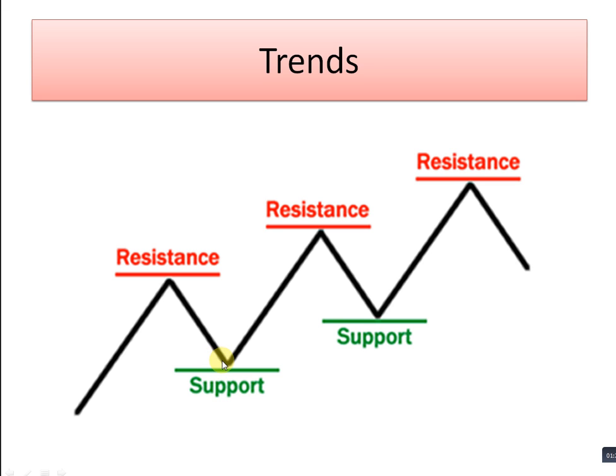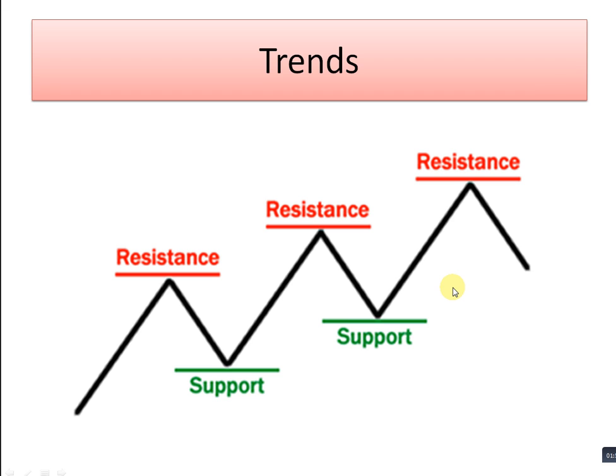So this point is called resistance. These upper points are called resistance. Also, as the trend goes down, it comes to this point, and this is called a support point, where a downward trend bounces and goes up. So these are support, these are resistance, and you should know it as it is.